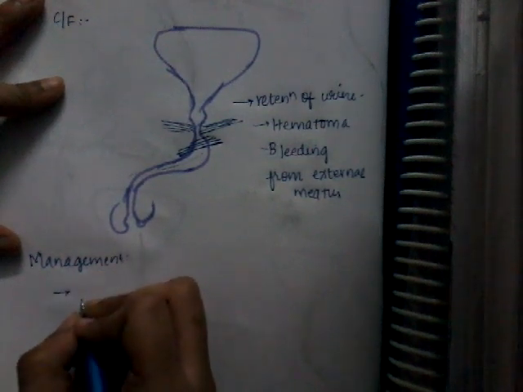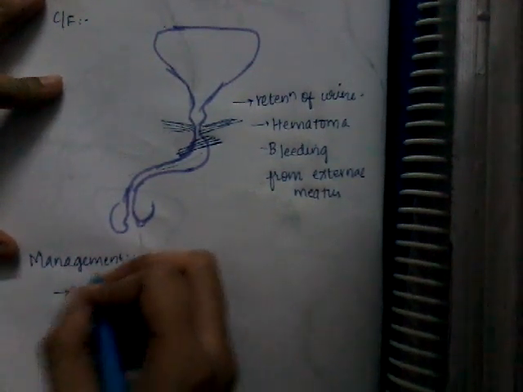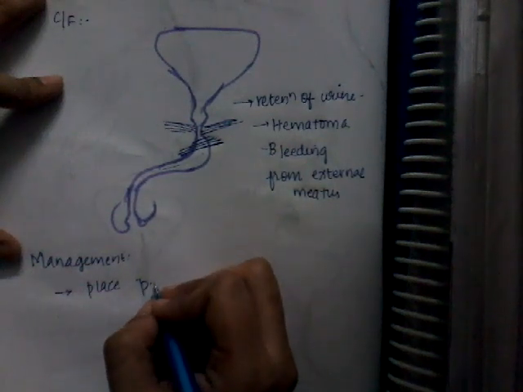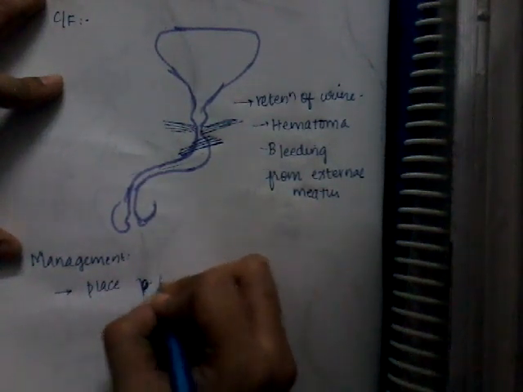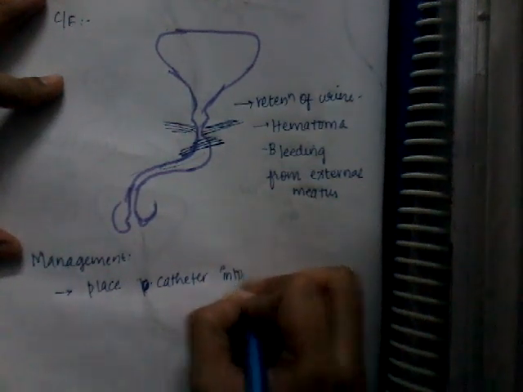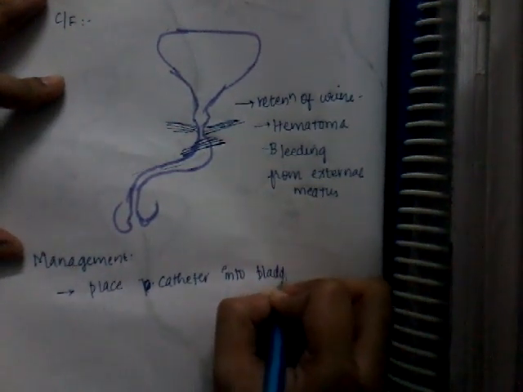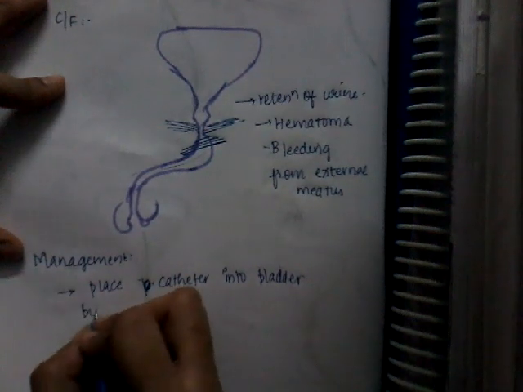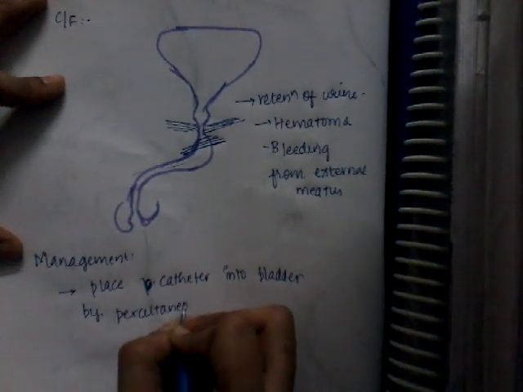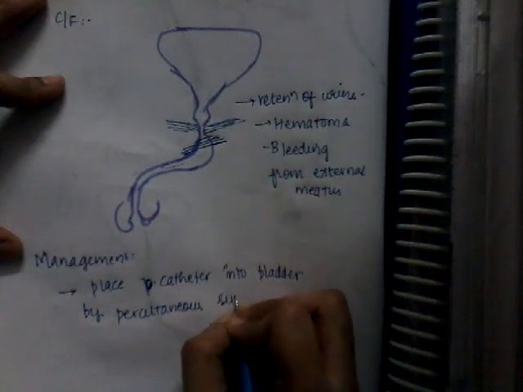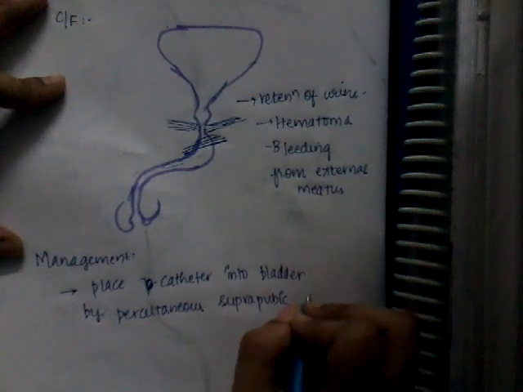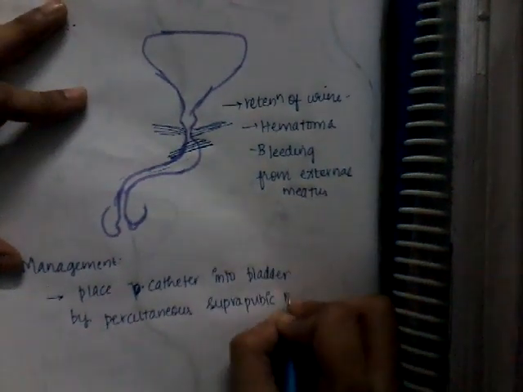For this, we will first place a catheter into the bladder so that there is drainage of urine. This is done by percutaneous suprapubic puncture of the bladder.